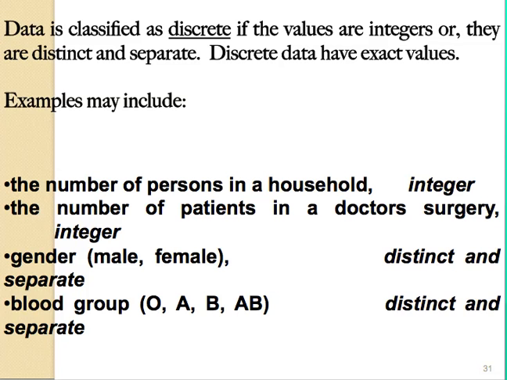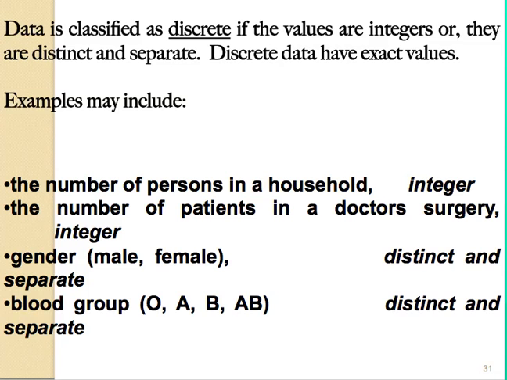Gender, male or female, distinct and separate. Your blood group, you're either type O, type A, type B, type AB, etc. So distinct and separate. So those are discrete. Now, qualitative data like gender and blood group is always classified as discrete.